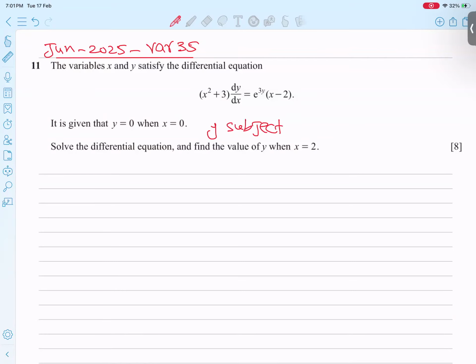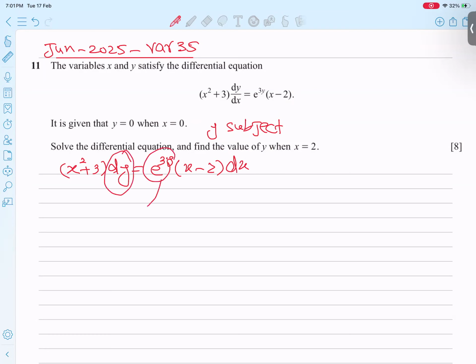Step number 1: this dx I will multiply there. Cross multiply, and look at the way I'm starting. This is done: dy equals e to the power 3y times (x minus 2) dx. Basically, I'm doing separation of variables. Because y is the subject, all y values go on the left side and all x values on the right side. So this is already on the left side.